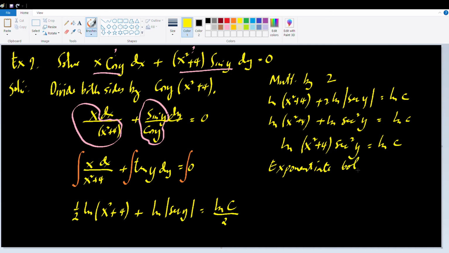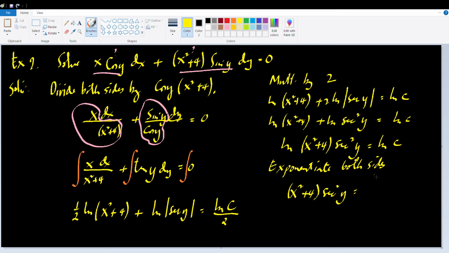And what is e to the ln of x? That is x, right? Because e and ln are inverse functions. So e raised to ln of (x squared plus 4) secant squared y will just give me (x squared plus 4) secant squared y equal to ln of c.